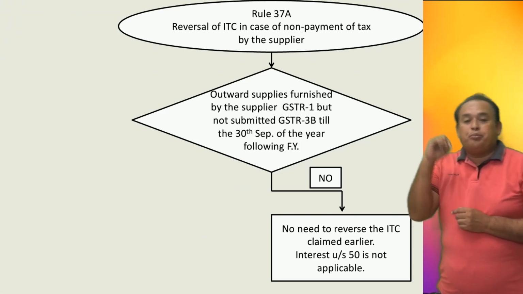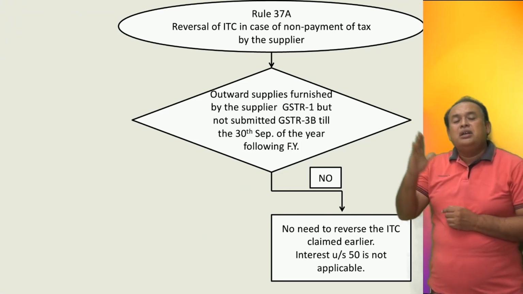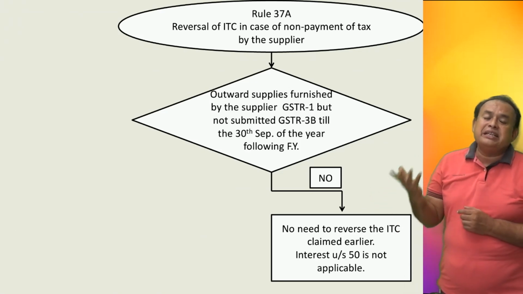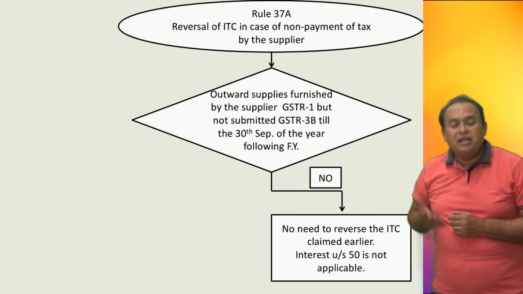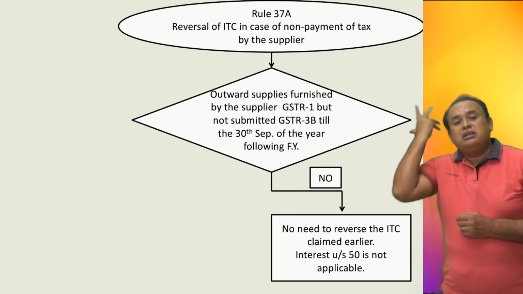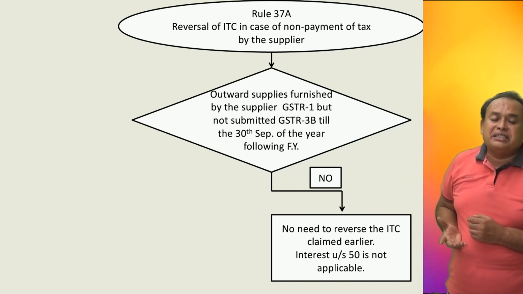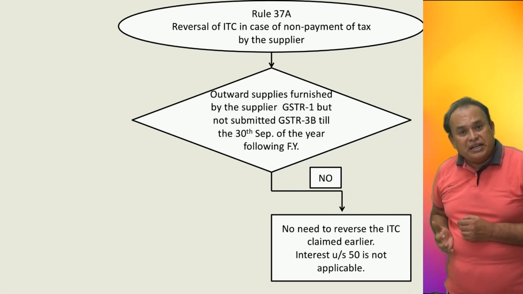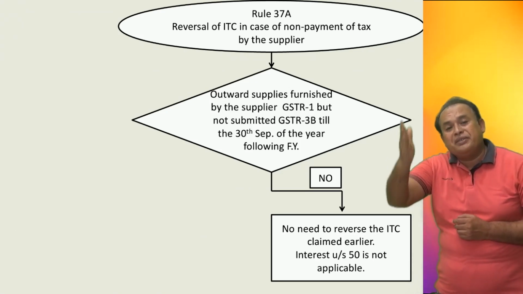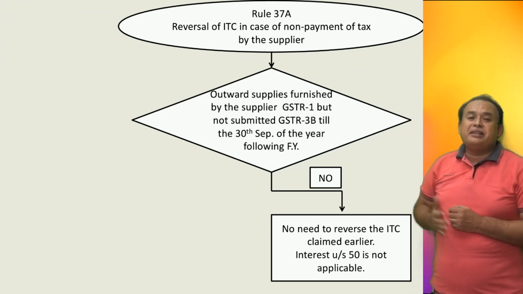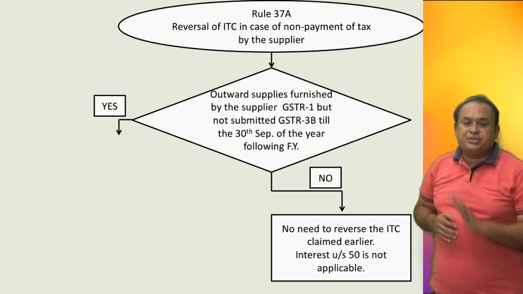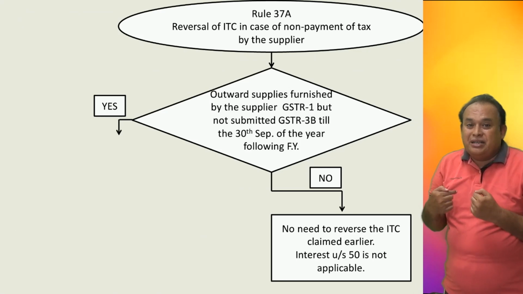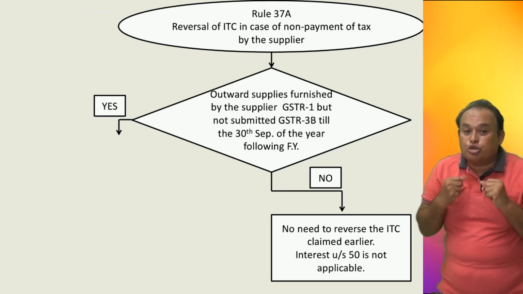Suppose that supplier X Limited in our given example supplied the goods in the month of September 23, 100 lakhs, created GST liability in the GST 1 return of 28 lakhs, and did not submit the GST 3B with payment till the end of the succeeding financial year, namely 30th September of the succeeding financial year. If so, this recipient is not eligible to avail the input tax credit.